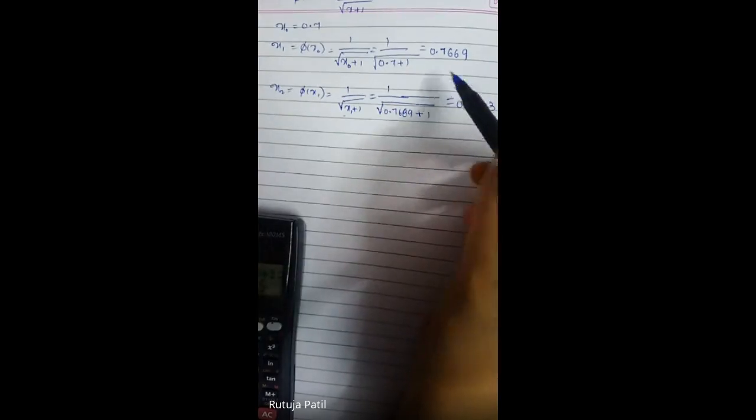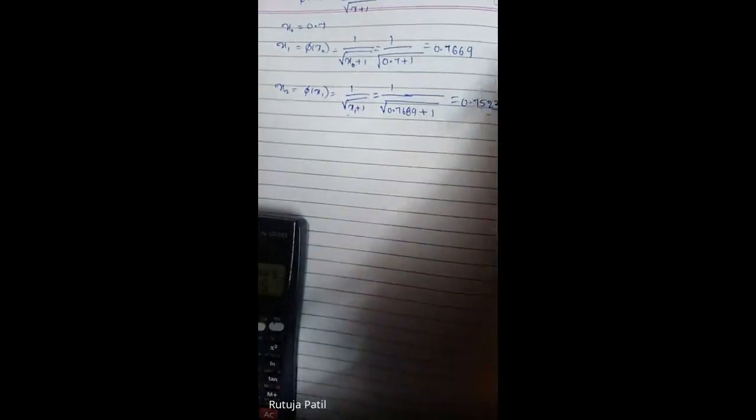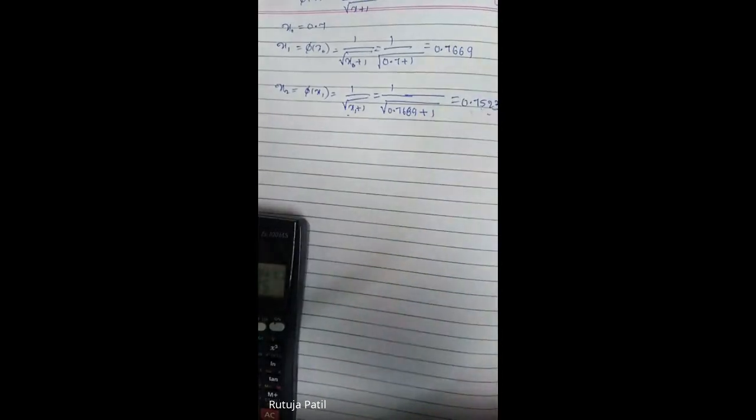Now here, how many decimal places are the same? After the decimal we have 7, here also 7, but here we have 6, and here we have 5. So only one decimal place is the same after the decimal point. So we can't stop here; we need to perform the iterations still.